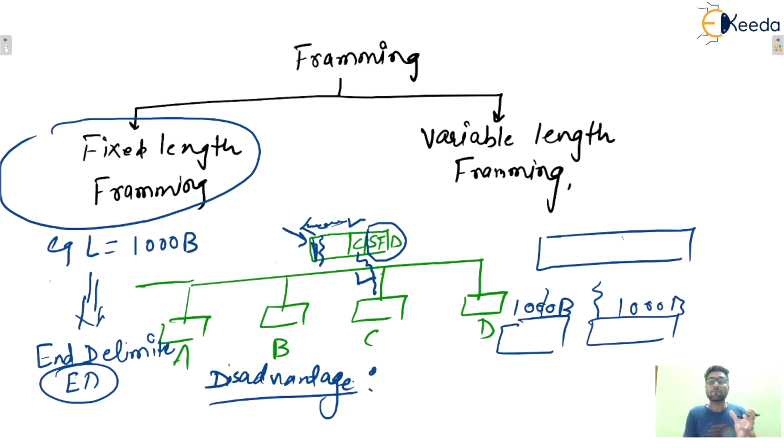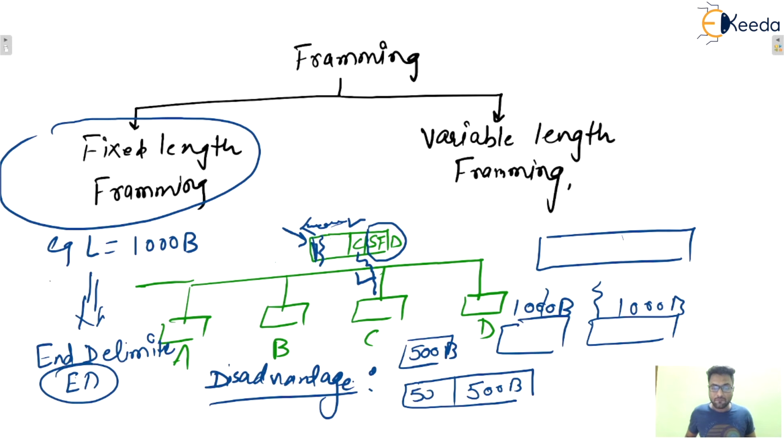But if data comes less than the size of 1000 bytes, let's say the data from the upper layer is 500 bytes, then the data link layer will create one frame in which 500 bytes of data will be there. So an extra 500 padding bits will be used. These are the padding bits.